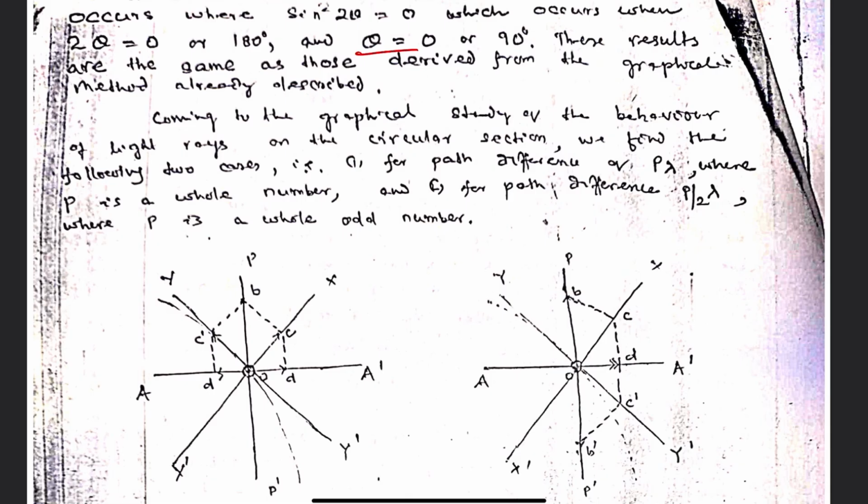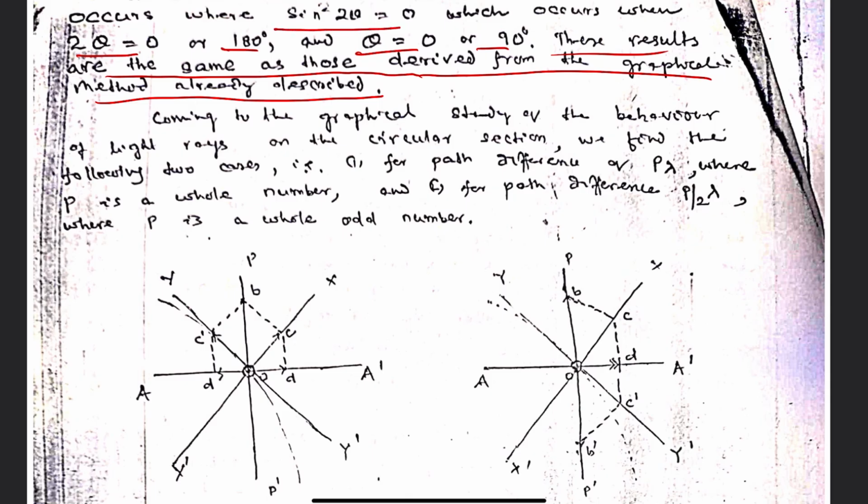When theta is 0 or 90, 2 theta is equal to 0 or 180. These results are the same as those derived from the graphical method already described. So sin squared 2 theta is 0 when 2 theta is equal to 0 or 180 degrees.